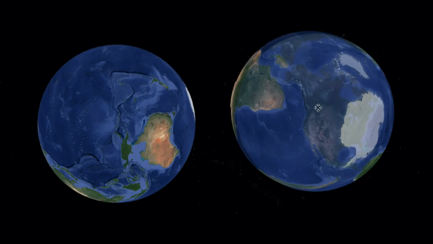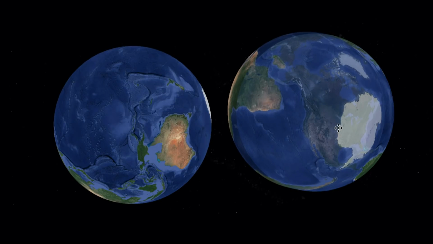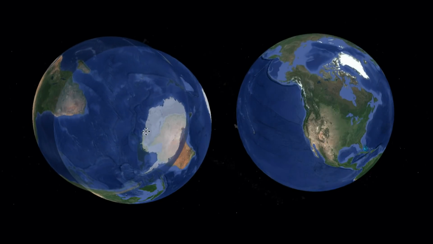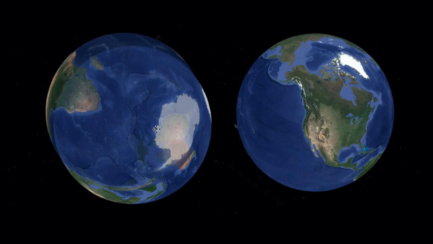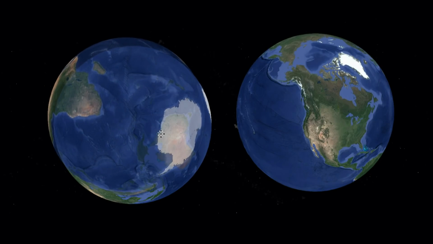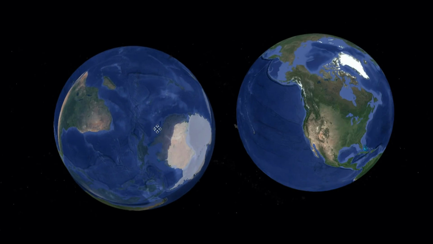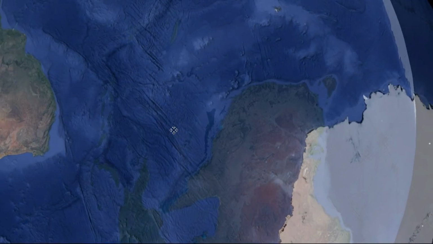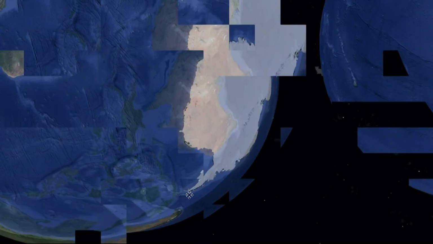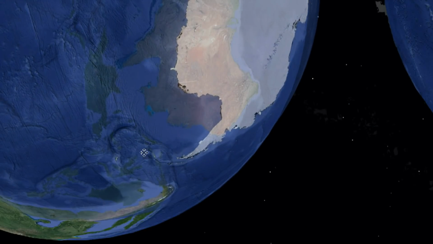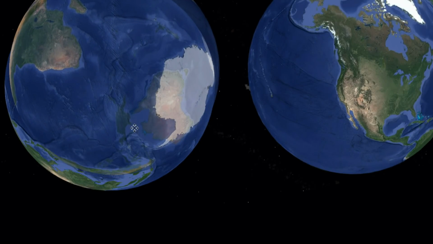But then if you look across the Pacific Ocean on the other side, you'll see that it matches again. And lines up like that, see?